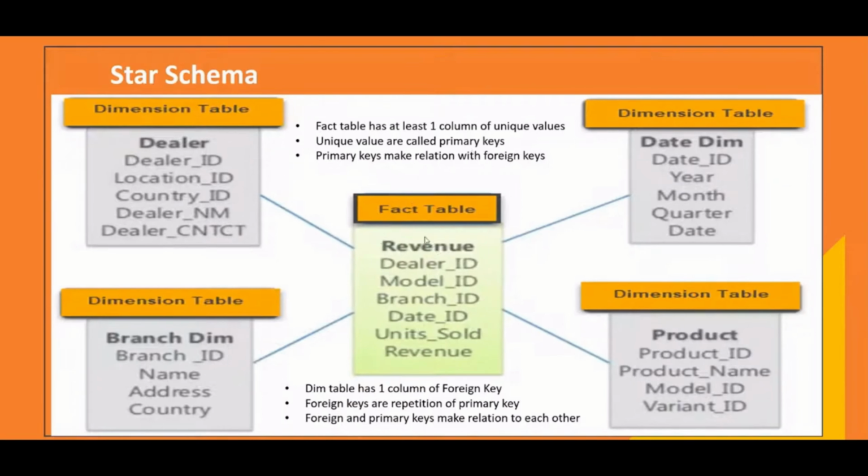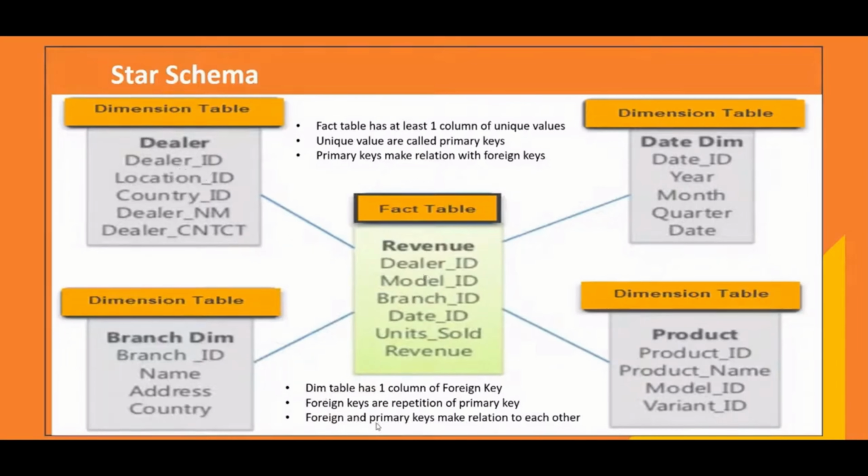So what is a primary key? Any column which has many rows below the column header, and the values are not repeating, is called a primary key. And if the same column goes into some other table and starts repeating, it becomes the dimension table and the primary key becomes the foreign key.